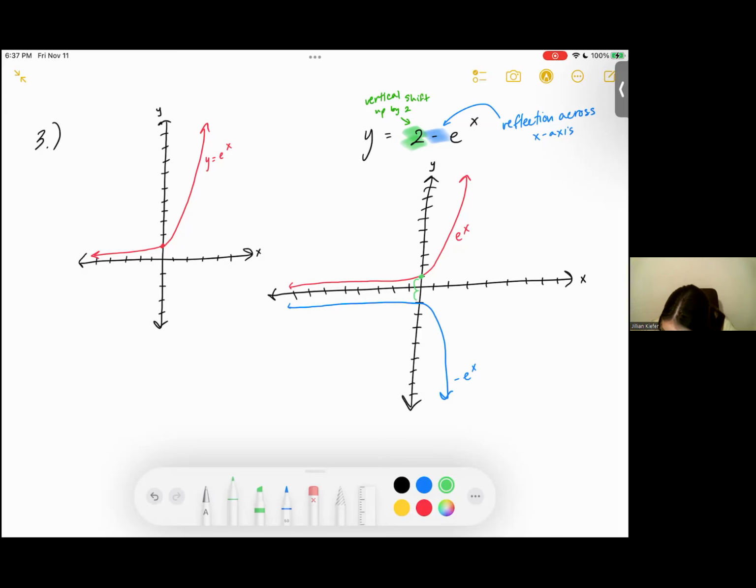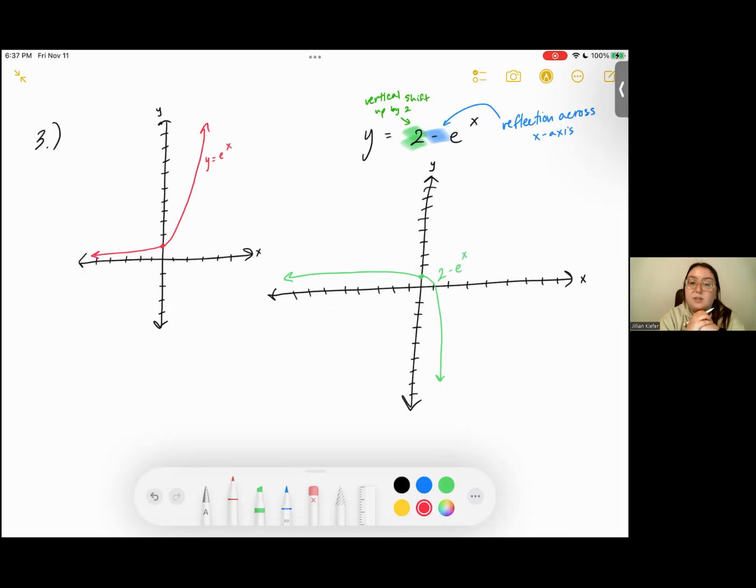And then we're still going to have this graph coming down in this direction, and then we come up this direction here, like that. So we shifted it up once it was already reflected. So this means that this is the graph of 2 minus e to the power of x, that green graph there.